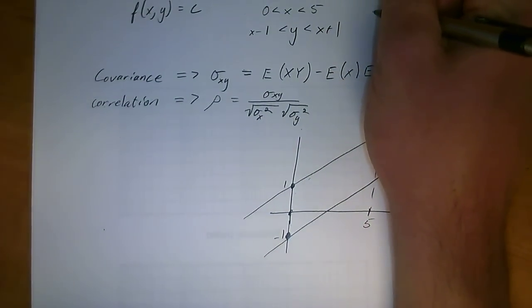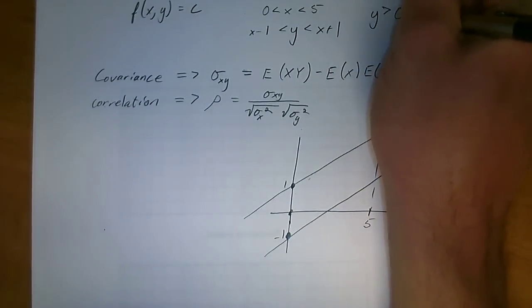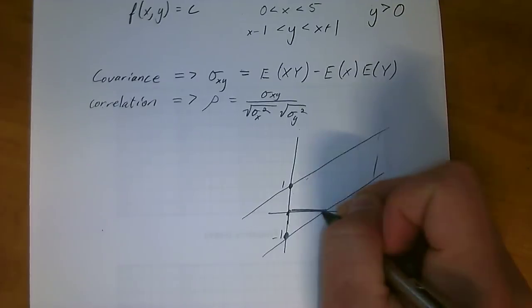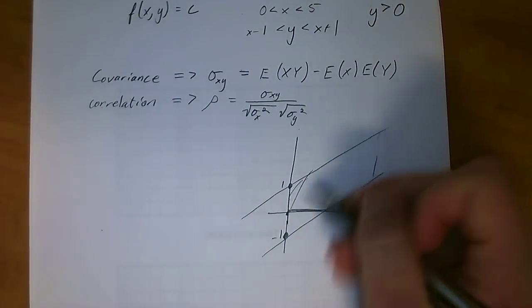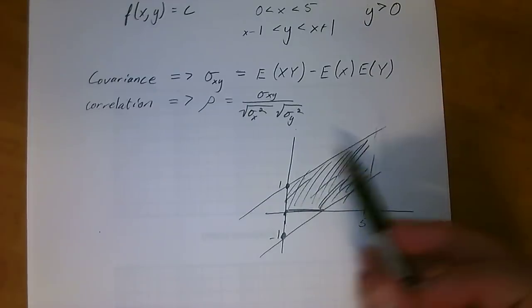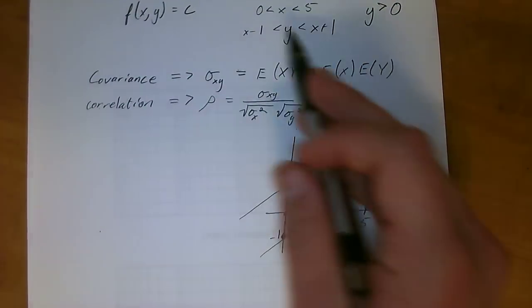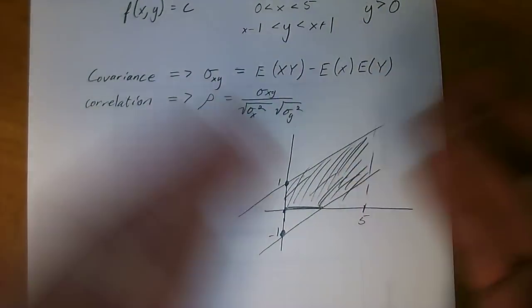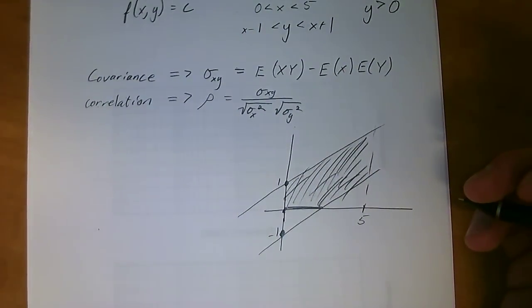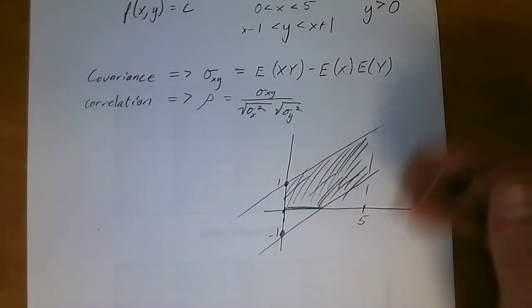Forgot to put this up here because it was off by itself. So now we have y greater than 0 right here. So the area that we're looking at is this. We're trying to find the probability of these points in here. This is our complete PDF, or distribution, probability density function basically.